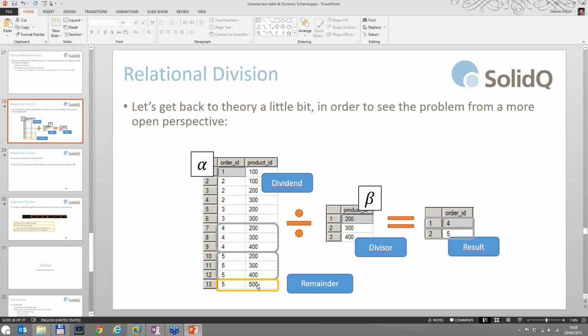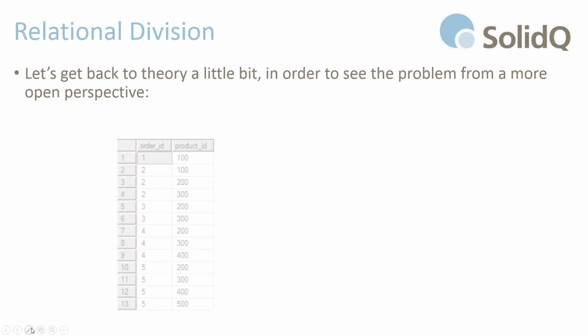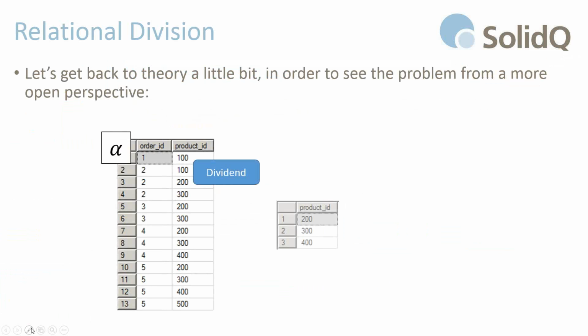Basically, if we have this kind of table, which is a generalization of the entity attribute value approach, for example, here we want to find all the orders that have products 2, 3, and 400 as part of the order.